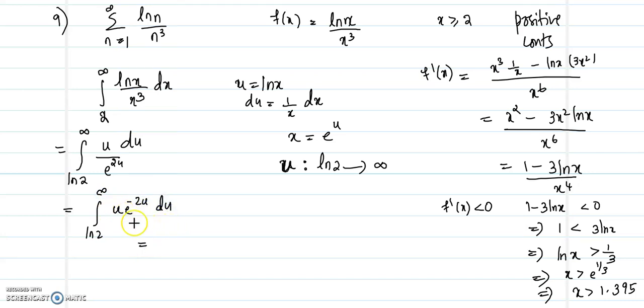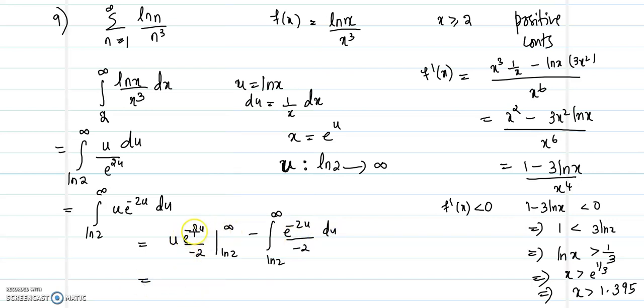Now using integration by parts, this will be the first function into the integral of the second, which is e to the minus 2u by minus 2, from log 2 to infinity, minus the integral from log 2 to infinity of the derivative of the first, which is 1, into the integral of the second, e to the minus 2u by minus 2, du.